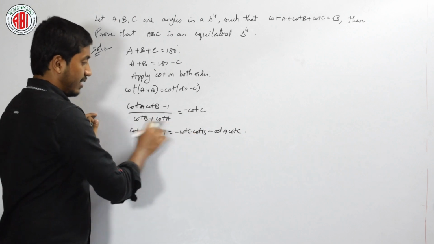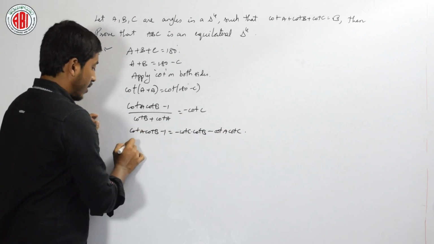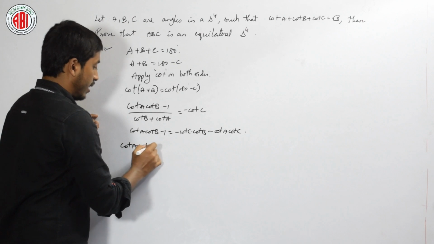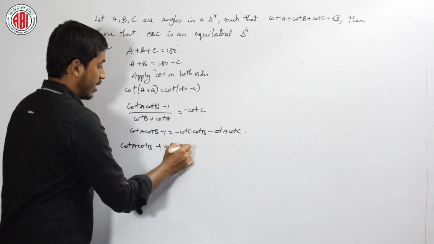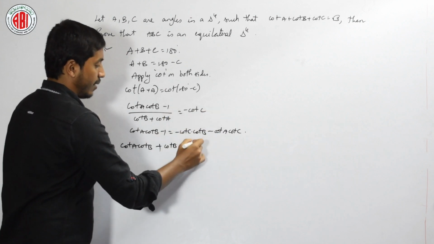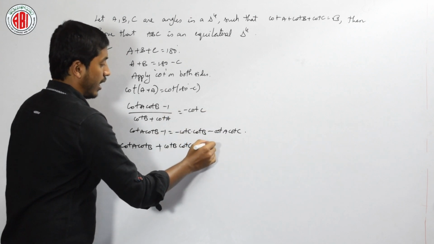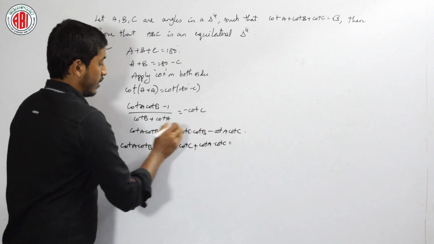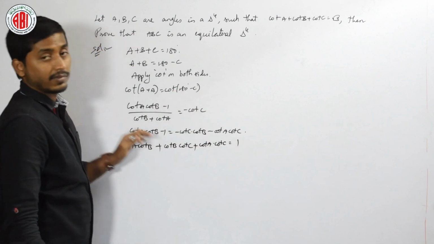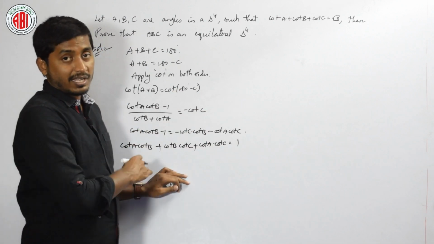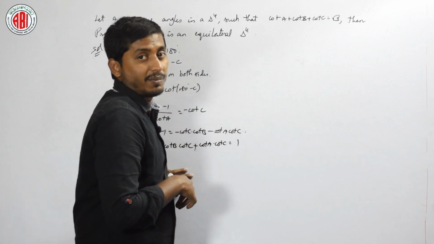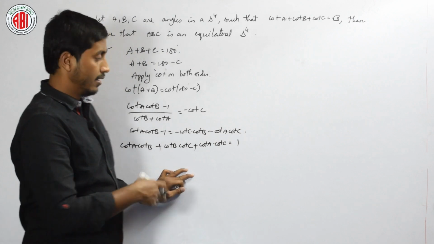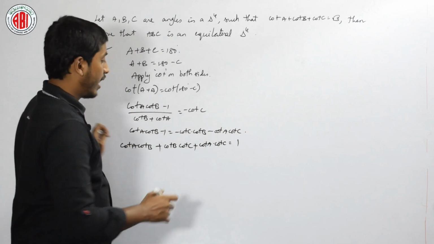Now let us bring both of these to this side, it will become cot A cot B, plus cot B cot C, plus cot A cot C, and this minus 1 will go that side, right. This is the continuation of the previous problem which we have seen, that tan A plus tan B plus tan C equal to tan A tan B tan C. This is the same as that, right.